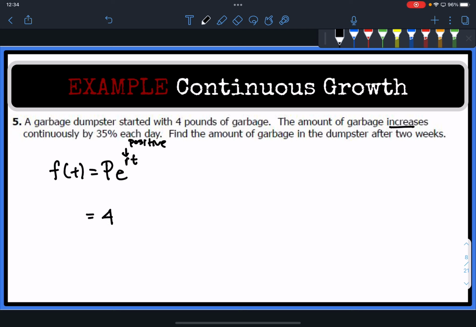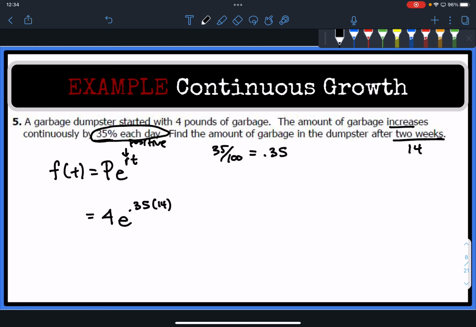So starting off with the 4 pounds of garbage, we'll multiply that with e raised to the 35%, which is 35 out of 100, which is 0.35 as a decimal, and we're going to multiply it by 14 days, because since the rate is measured in days, 2 weeks has 14 days in it, so that's the number that we use, which equals 537.16 pounds.